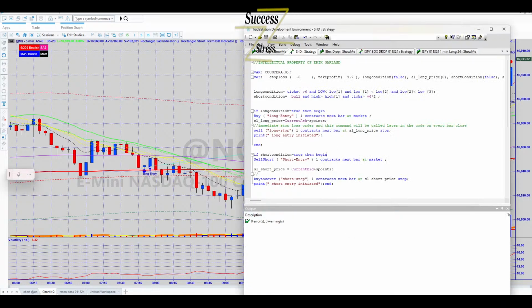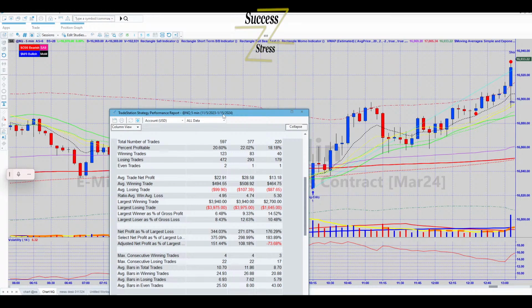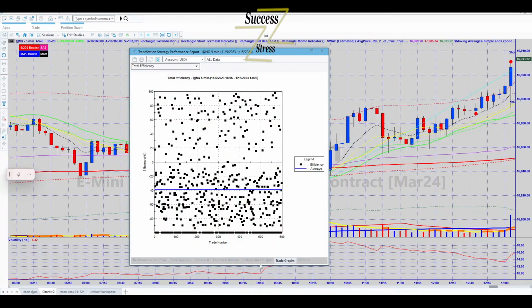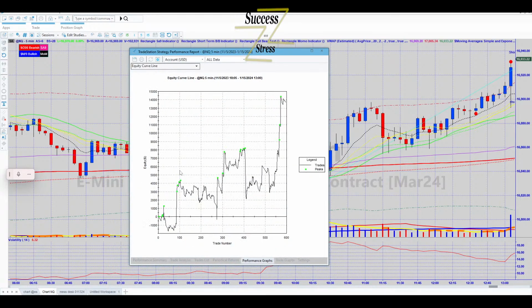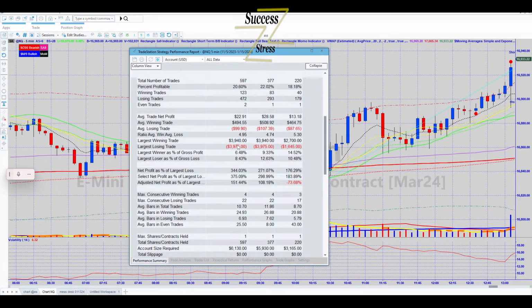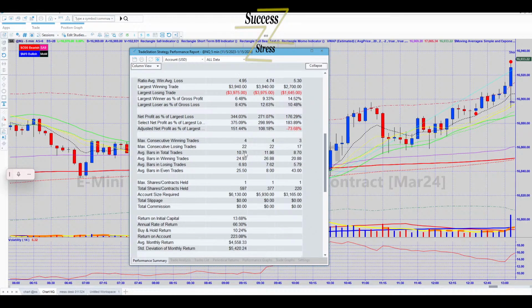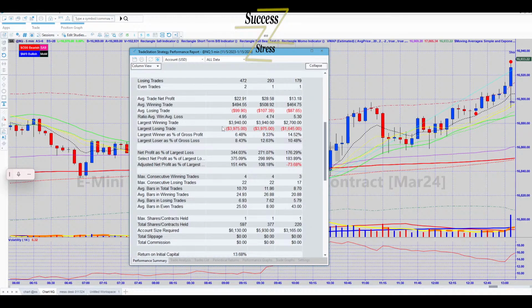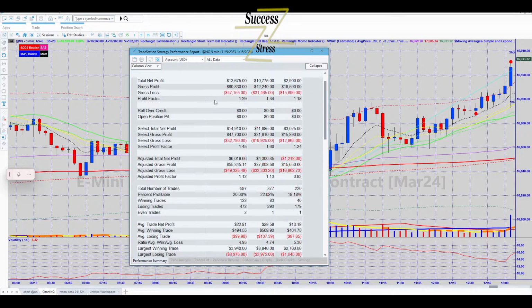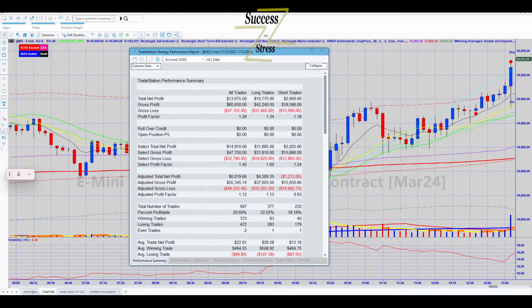We're going to verify that, and when we come back over, it looks better. 20%. And oh yeah, it's actually way more. Not $3,000. It made $13,000. So somehow those shorts made sense.